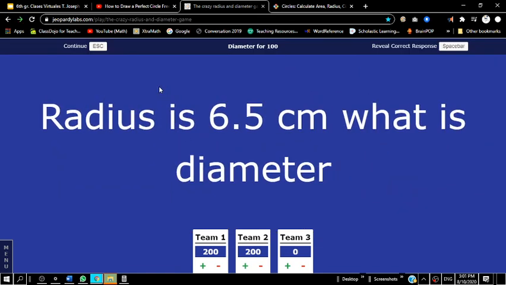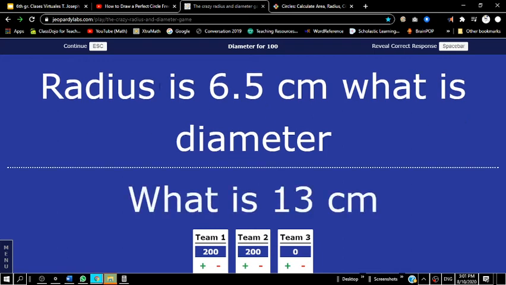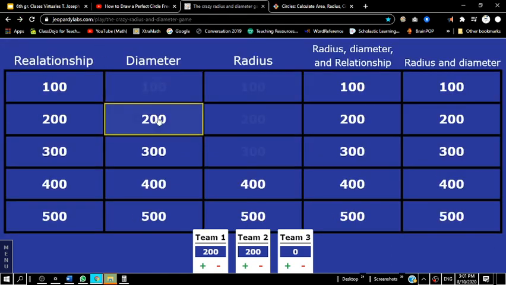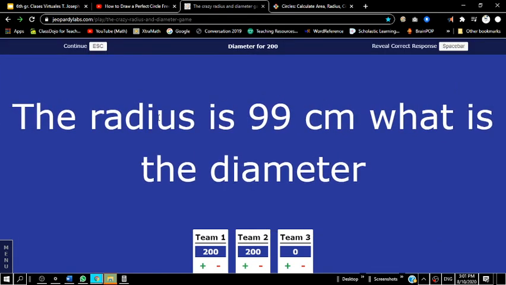Radius is 6.5 centimeters. What is the diameter? Well, it would be 6.5 times 2. 6 times 2 is 12, and 0.5 times 2 is 1, so 12 plus 1 is 13. We got it. Next question. The radius is 99 centimeters. What is the diameter?